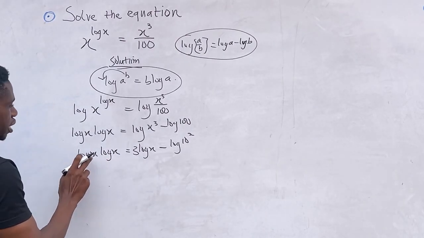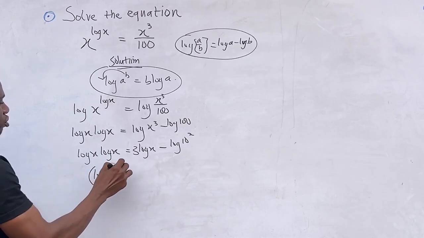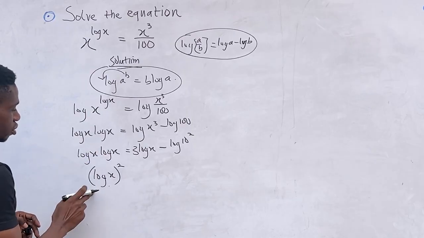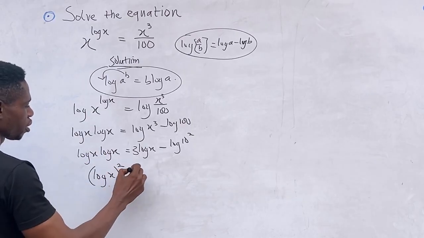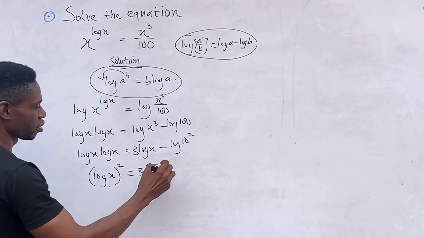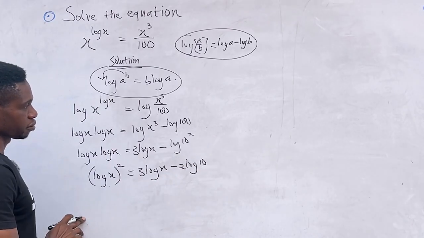So log x times log x can be written as log x all squared, just like p times p is p squared, equal to 3 log x minus 2 log 10.